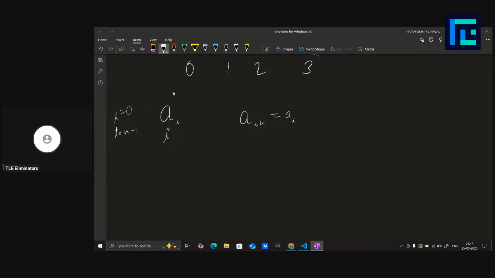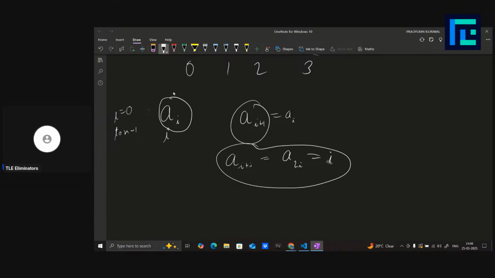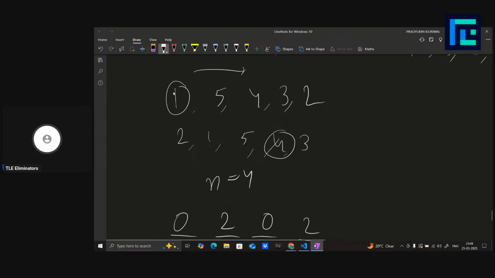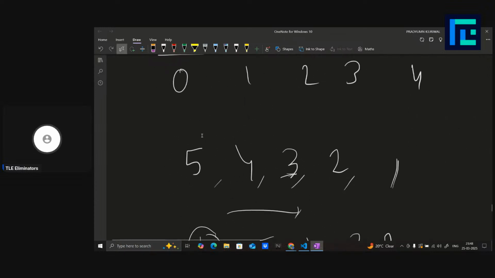So when you shift a of i plus 1, i times, it will become a of i plus i, which is a of 2i. And if you want this a of i to be a fixed point at the ith cyclic shift, then this a of 2i has to be equal to i. More or less this is the way, this is why my way is working. But yeah, even printing the reverse is also fine.